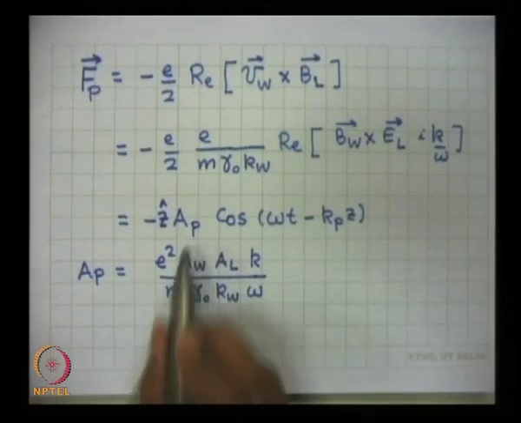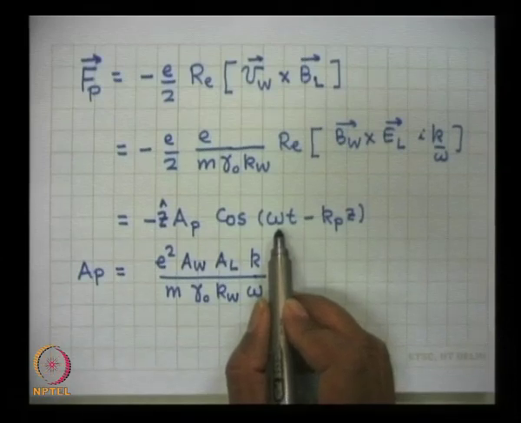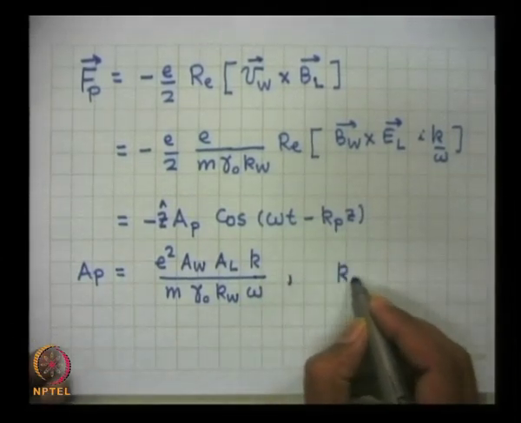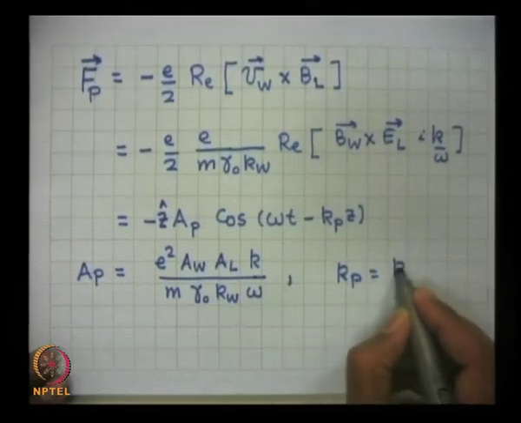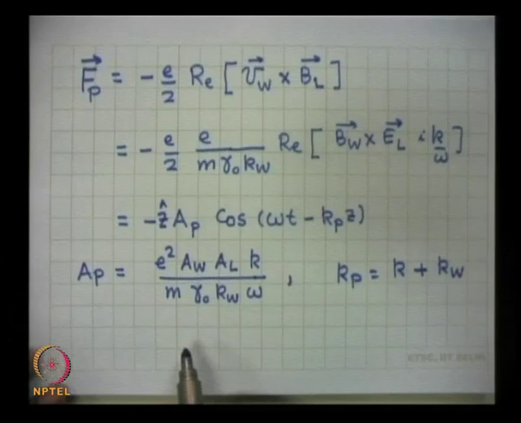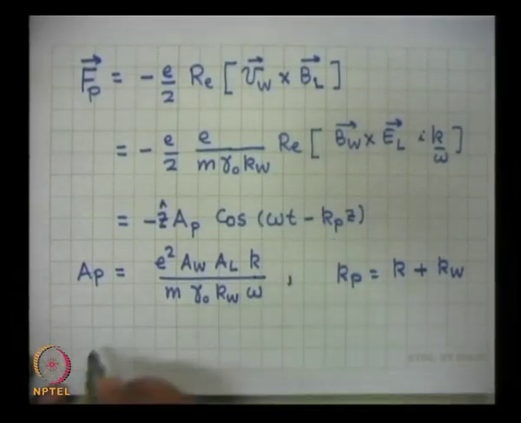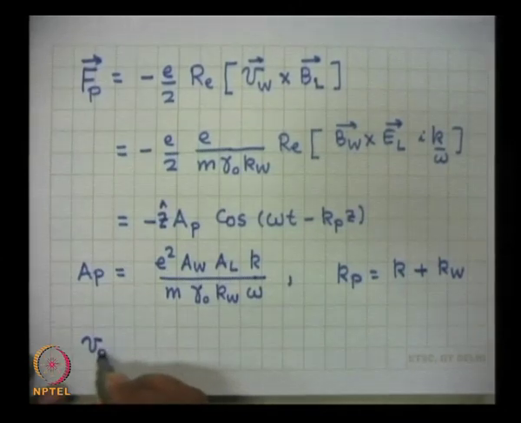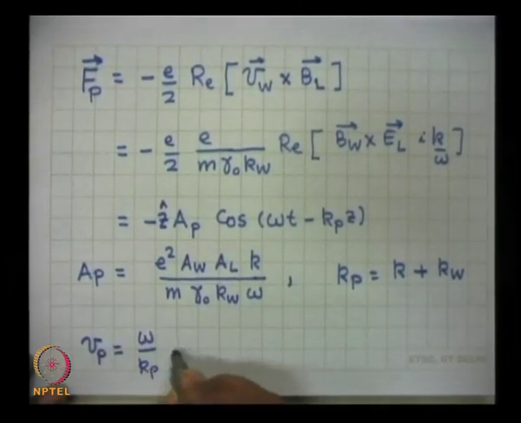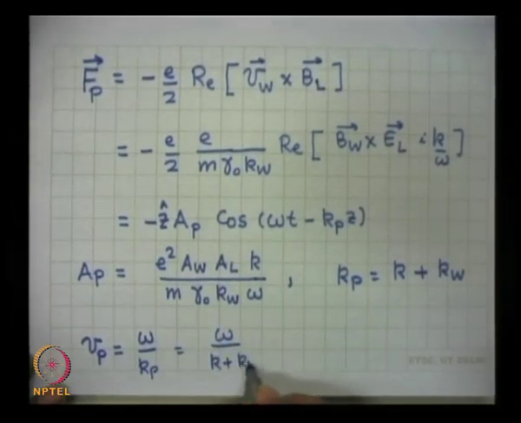Amplitude is Ap and it has a phase term here whose frequency is omega, but wave number is Kp, and Kp is the sum of laser wave number plus wiggler wave number. You may recognize here that the phase velocity of this force, which we call as Vp, is defined as omega upon Kp, which is equal to omega upon K plus Kw.